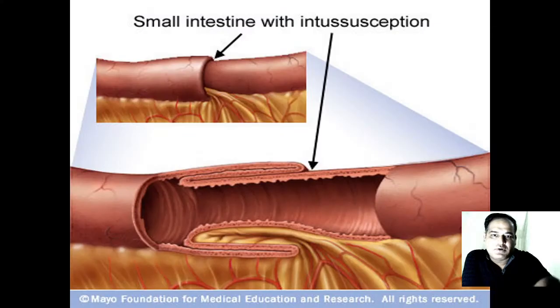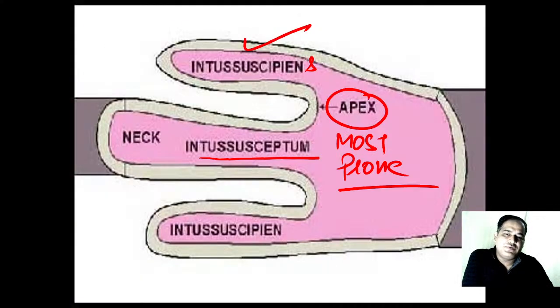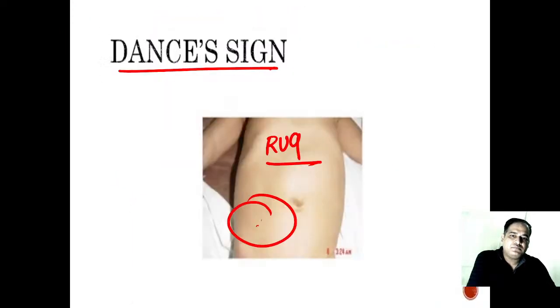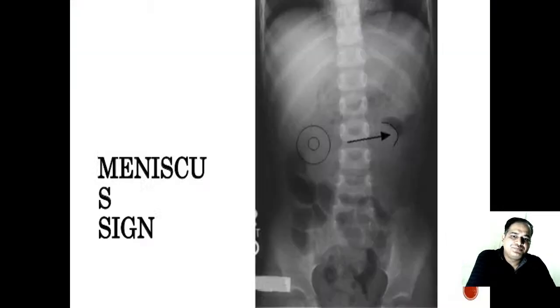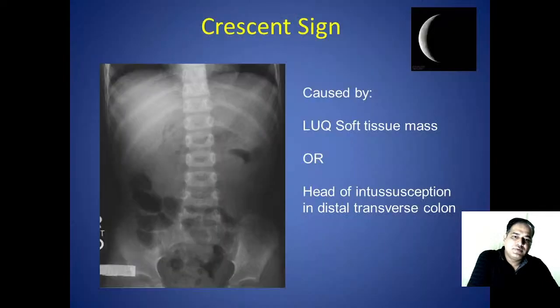See here, the donut sign, you can see it on your screens, in intussusception. The meniscus sign, you can see on plain X-ray. See here, the crescent sign.